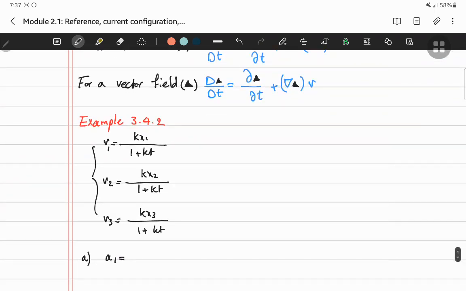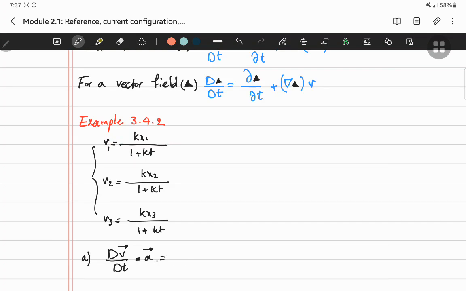If you have a vector field, the acceleration, dv/dt, is equal to this A, which is the partial derivative of that with respect to time.